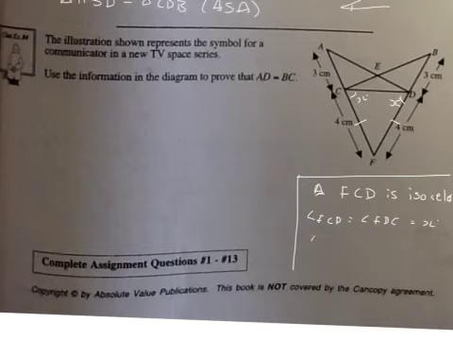So therefore, angle ACD, where is angle ACD? Well, it's this one. It's on a straight line, so we're going to do 180 minus x degrees. And then we're going to do the same thing for the other side.